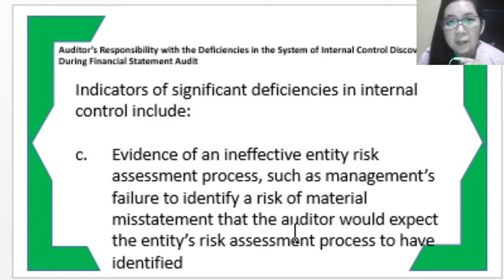Okay, another indicator is evidence of an ineffective entity risk assessment process. In letter B, there is no risk assessment process. Here in letter C, there is a risk assessment process, but it is ineffective, such as management's failure to identify a risk of material misstatement, where they are expected to detect such.